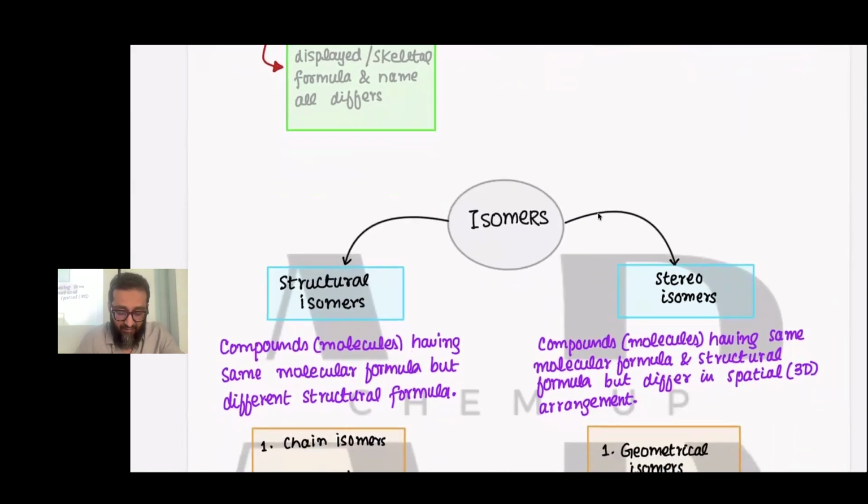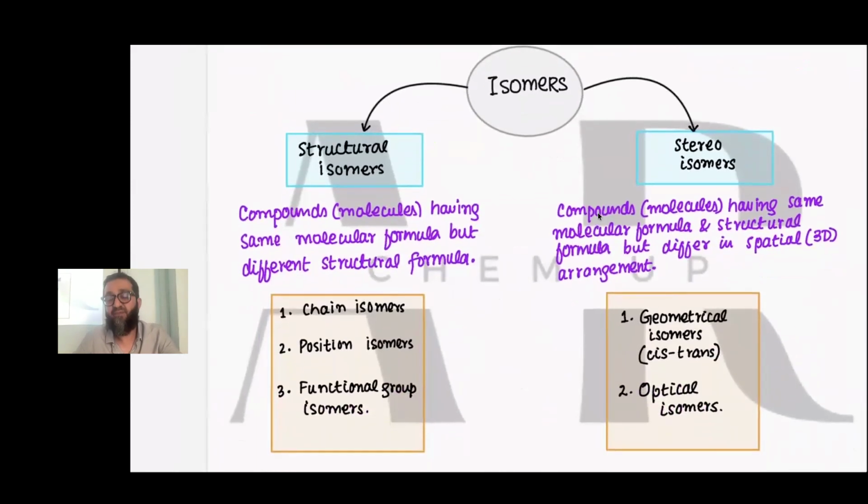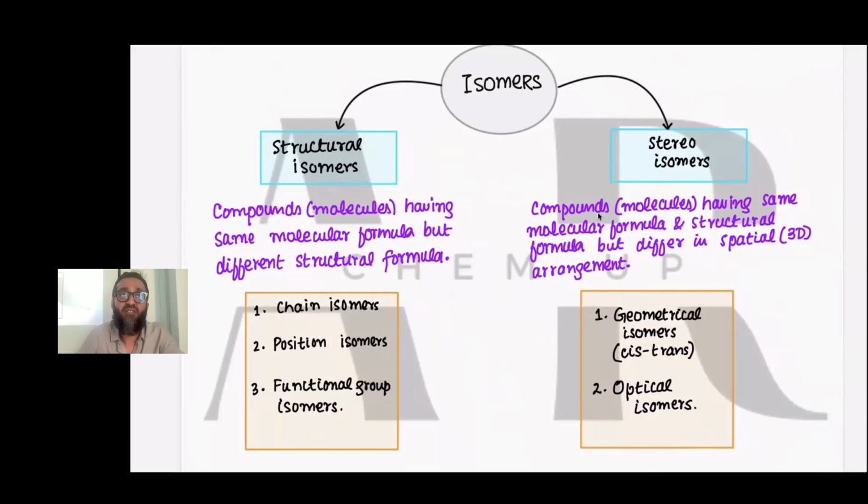Okay. Now, there are three types of structural isomers and two types of stereoisomers. The three types of structural isomers are chain isomers, position isomers, and functional group isomers, which are relatively very easy to understand.